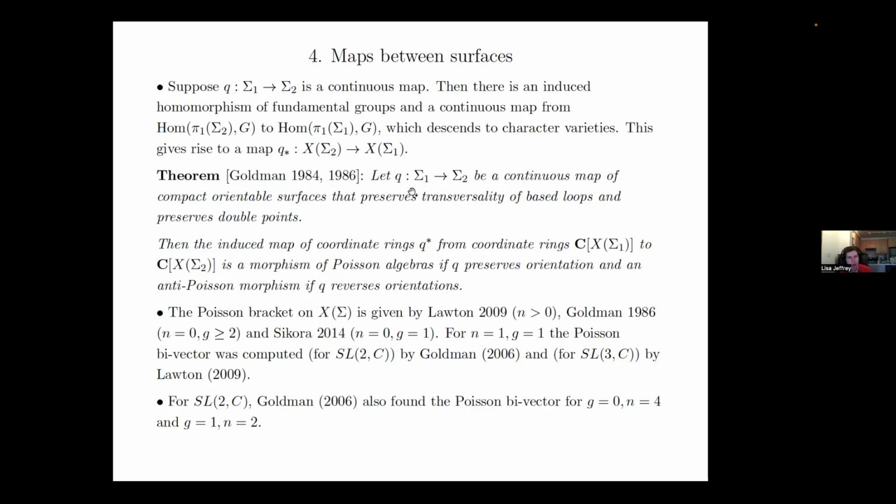So Goldman showed that if Q is a map of this type, and also Goldman required that this map preserves transversality of base loops and preserves double points, in that case, the map of coordinate rings is a morphism of Poisson algebras if Q preserves orientation, and if it reverses orientations, it's an anti-Poisson morphism.